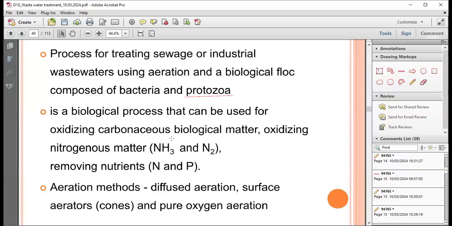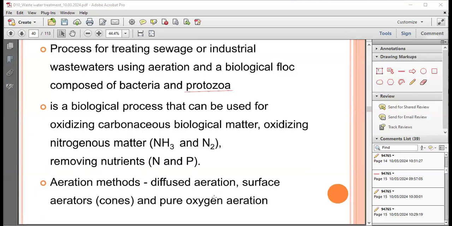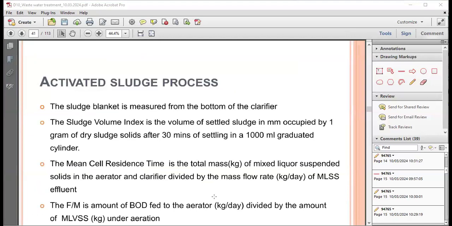The oxidization of carbonaceous material and biological material, and removing the nitrogens. Aeration methods: diffused aeration, surface aerators, and pure oxygen aeration, right? So activated sludge.